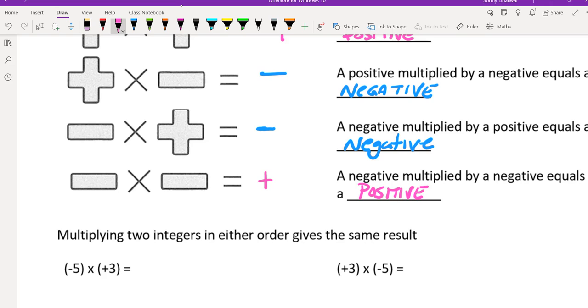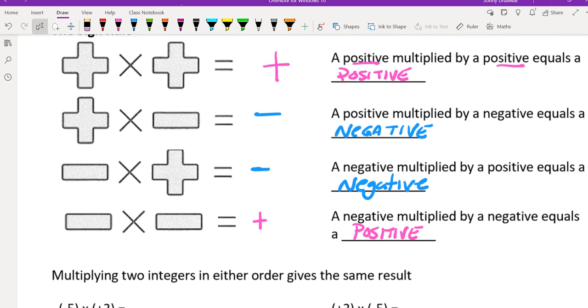So, to help remember, what I usually tell my students is notice if the signs are the same, it equals a positive. So positive times a positive is a positive, negative times a negative is a positive. If the signs are different, it's going to be a negative. Right?